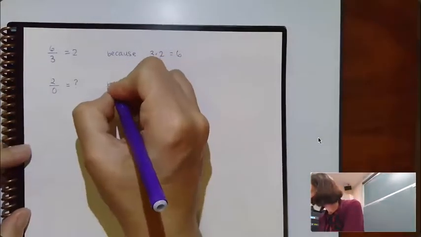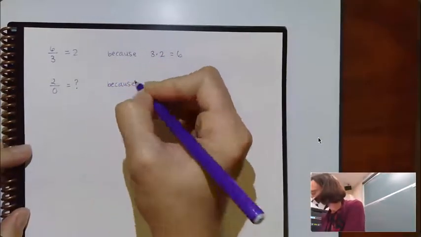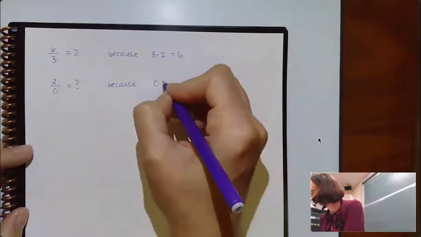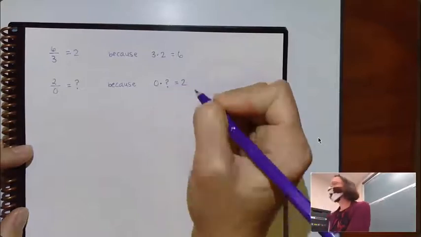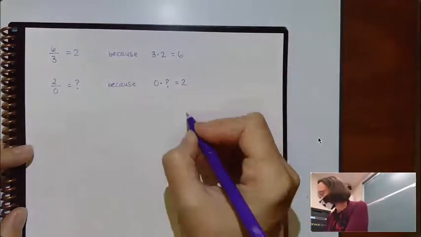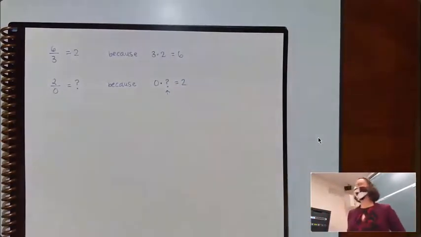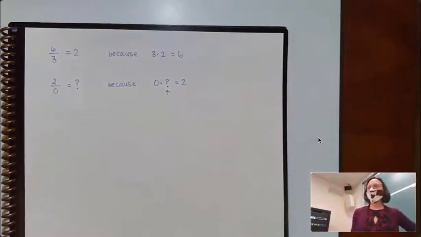If I were to write out that statement, it looks like 0 times something is equal to 2. Is there any number that I can put in there that you can think of that is always going to give me 2? Because 0 times something is supposed to equal what?